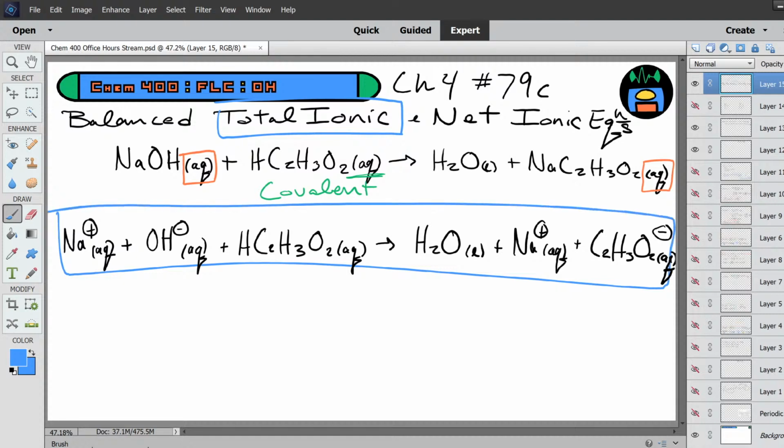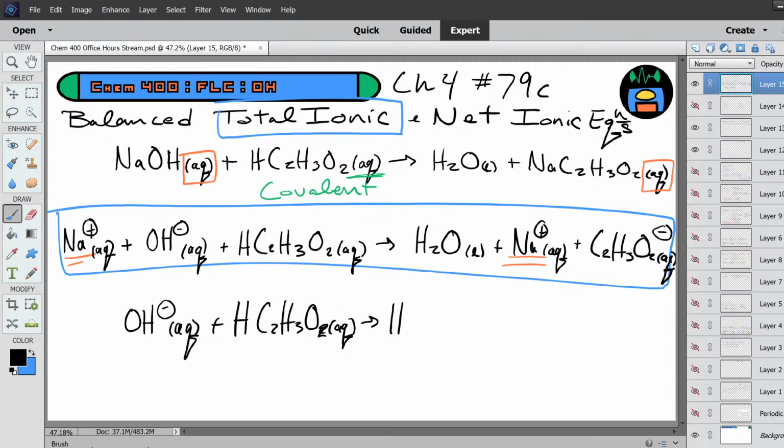Now for the net ionic equation, we have to look for spectator ions and cancel them. The only spectator ion, the only thing that's on both sides of the total ionic equation, is sodium. So once you cancel sodium, you're left with aqueous hydroxide plus acetic acid producing liquid water and acetate.